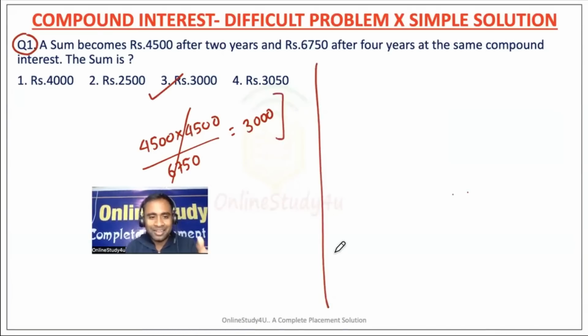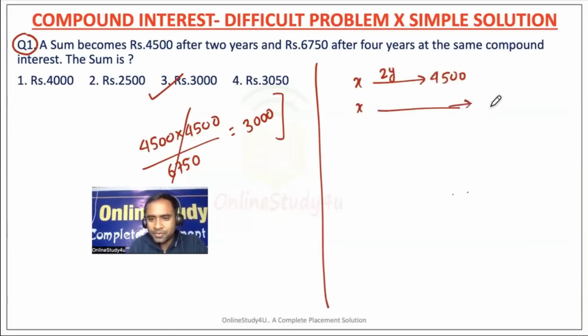Before that, let us look at the normal process once. Suppose your sum is x, and it becomes 4500 in 2 years, and the same sum becomes 6750 rupees in 4 years. You have to find the sum, so we use the compound interest formula: amount equals principal into (1 plus r by 100) to the power n.